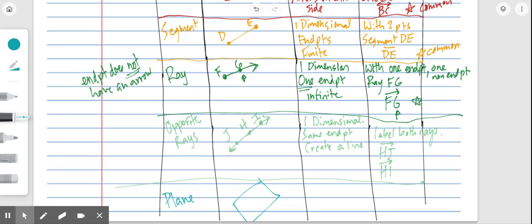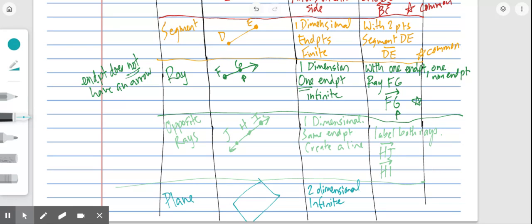You can name a plane a few different ways, so I'll go over that in a second, but a plane is a two-dimensional shape, and it is infinite. Okay, it goes on forever in all directions. So again, because mathematicians can't exactly draw something that's infinite, we just draw a little thing that looks like a sheet of paper and call it a plane, and we know that it goes on forever and ever.